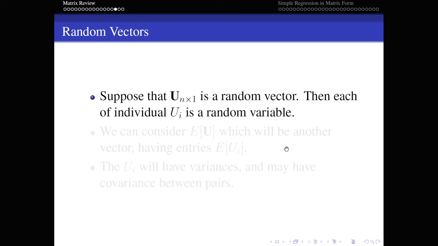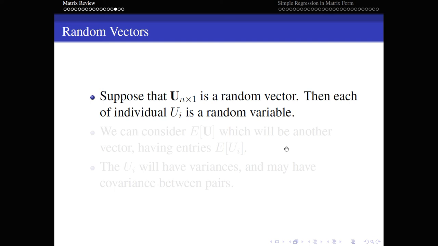Now, we've talked a lot about the construction of matrices, the different kinds of matrices, the different operations on matrices, and inverses of matrices. But another big component in regression is this idea of randomness. So we can have random vectors.